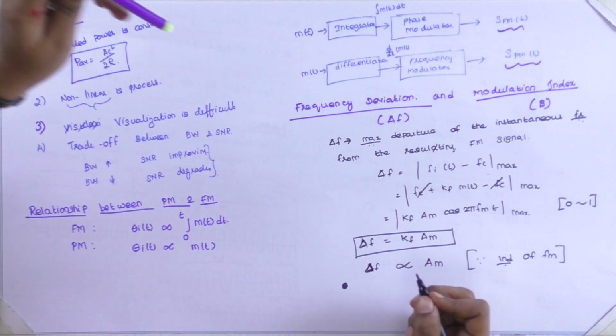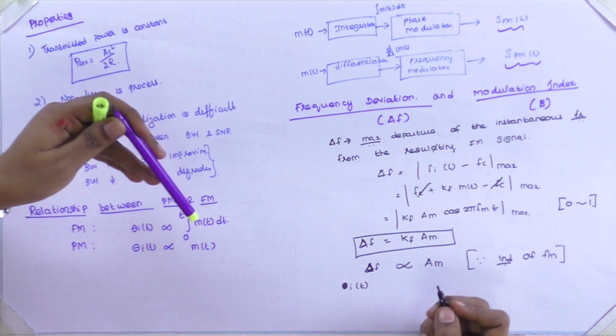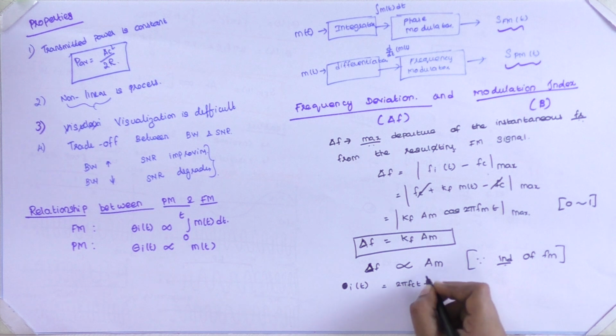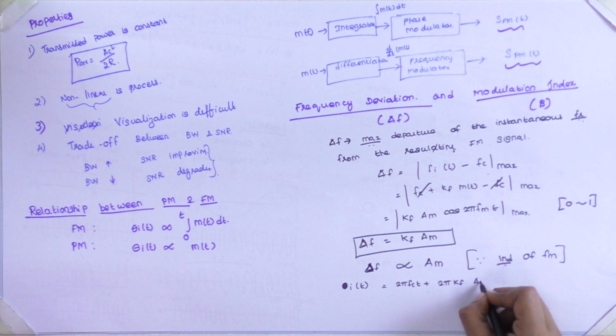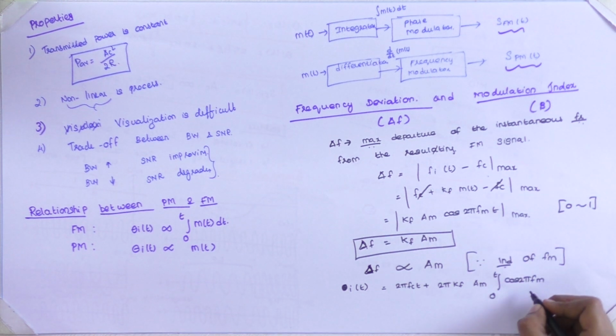To derive what the modulation index is, we will write the instantaneous phase. Theta i of t is equal to 2 pi Fc t plus 2 pi Kf Am integral from 0 to t of cos 2 pi Fm t dt. These two terms are from the frequency modulation.